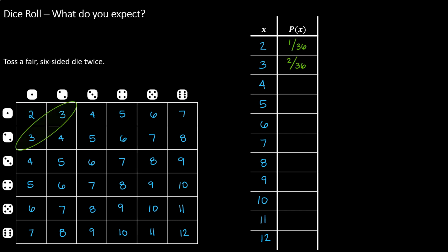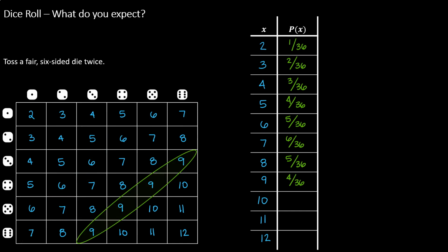There's 2 ways to get a 3, so that probability would be 2 out of 36. 3 ways to get a 4. And we can go all the way through the table, filling out the probabilities based on how many ways we can achieve each sum, and then putting that as a fraction over 36 for the total possible outcomes.